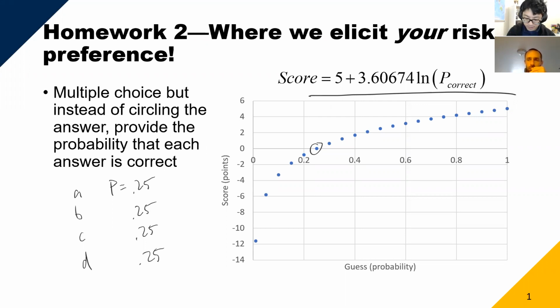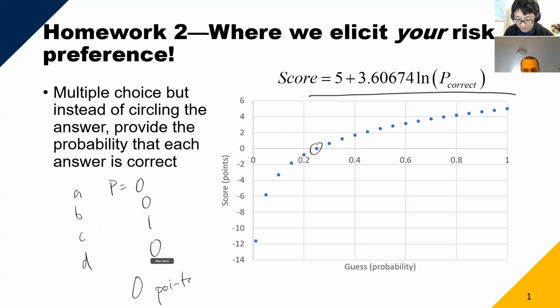Let's say the correct answer was C. If you were to instead do 0, 0, 1, 0, you get the correct answer, so you get the maximum number of points, which is 5 on the chart.